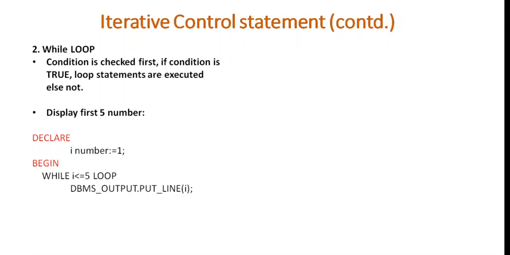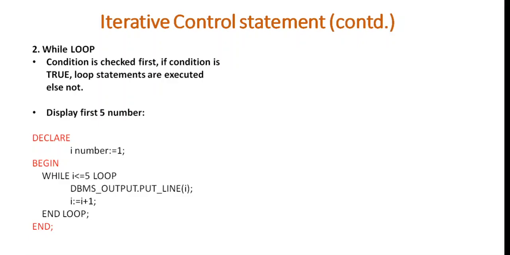If it is not, then the loop will get terminated. Okay, and then inside the loop we are just printing the value of I. Then we are incrementing the value of I, that is, I is equal to I plus 1, and then we again go to the loop statement. If I is less than or equal to 5, then it will enter inside the loop, otherwise the loop will get terminated by the end loop statement, and then the end of the block.